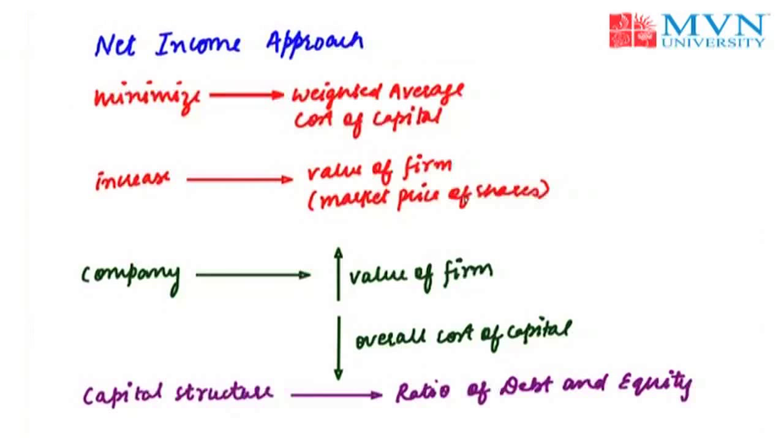But according to this theory, whenever we increase the ratio of debt with respect to equity in the total capital of a firm, the overall cost of capital needs to decrease. And since the value of the firm and the overall cost of capital show an inverse relationship with each other, whenever the overall cost of capital decreases, then obviously the value of the firm tends to increase.